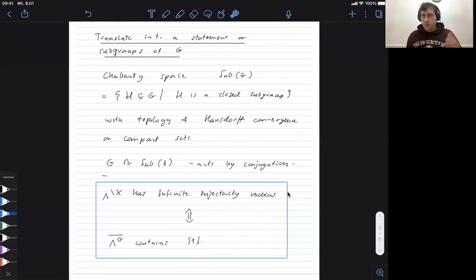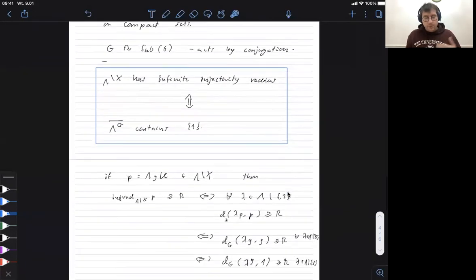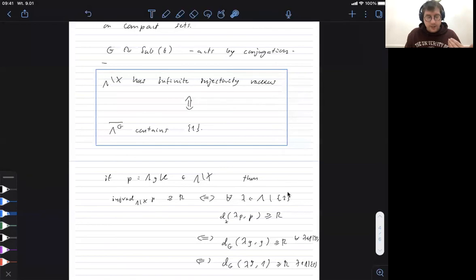Because of higher rank, we'll be able to exploit some magical rigidity theorems, which will allow us to classify the stationary measures on this space. And thanks to that, we'll be able to say something about closures of orbits in that space. And when we translate our statement back from Sub G to something about locally symmetric spaces, we'll get exactly the statement of Theorem A. And this part didn't use higher rank yet, so this will come next.